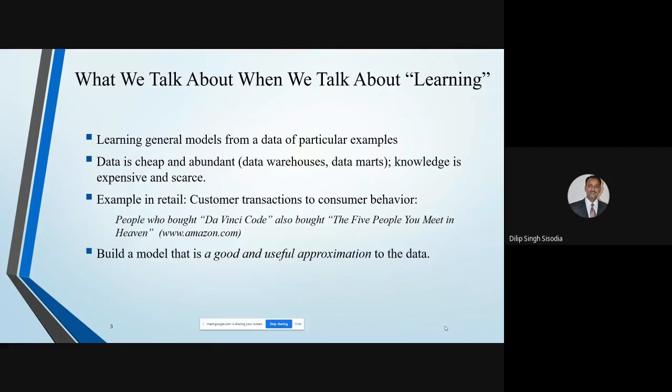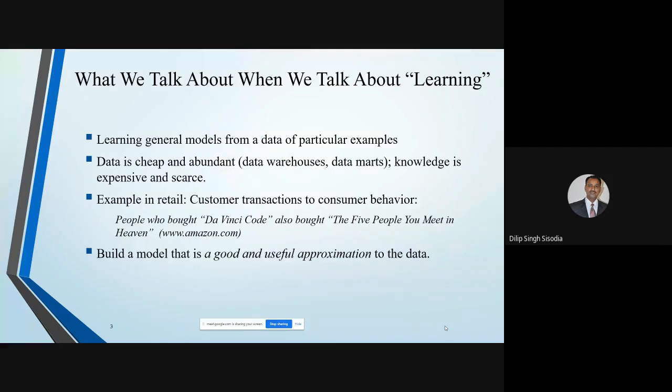But knowledge is expensive and scarce, and the challenge is that the size of these data houses is in petabytes. Terabytes and petabytes are the normal common sizes.